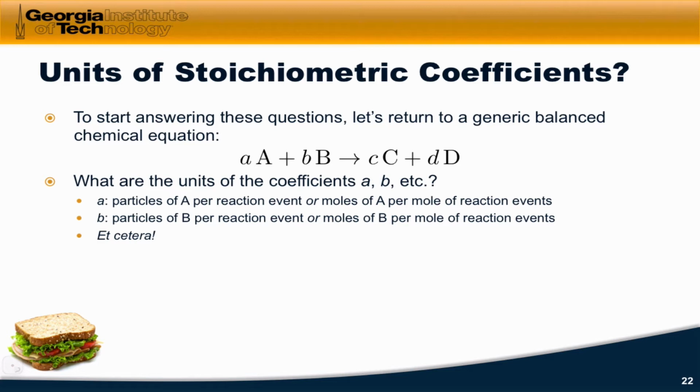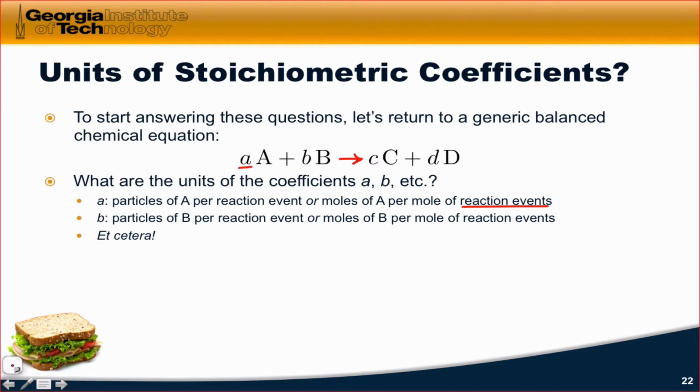But on the other hand, if we think of each occurrence, each iteration of this reaction as a single reaction event, then we can think of each coefficient as the particles of that reagent that react per reaction event. So each coefficient is a number of particles per reaction event, or a number of moles per mole of reaction events.